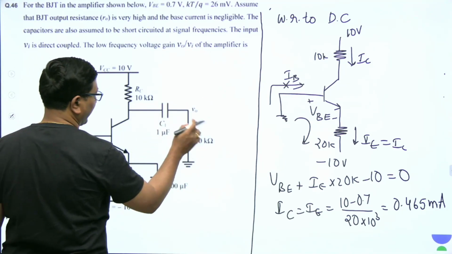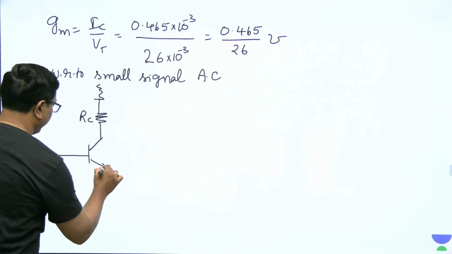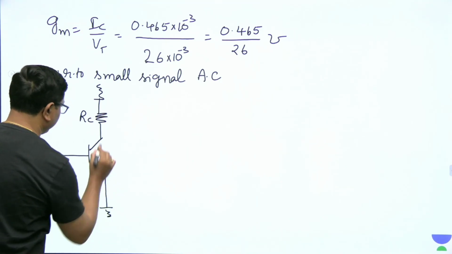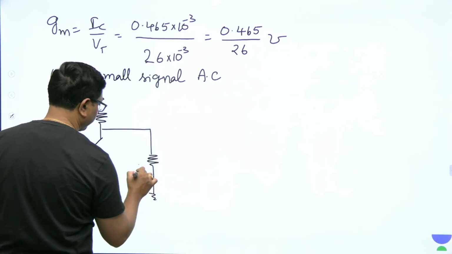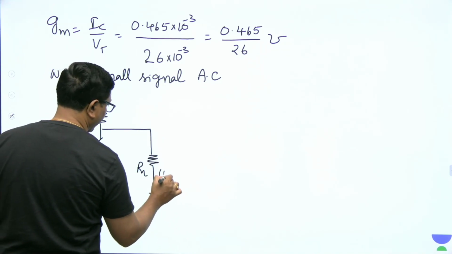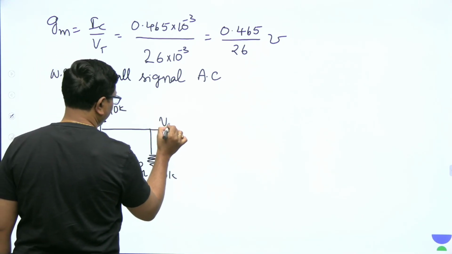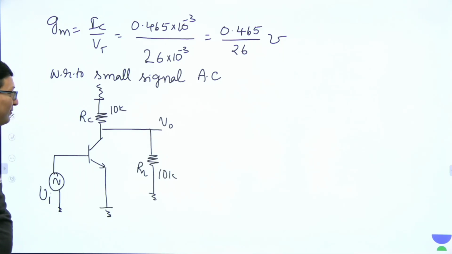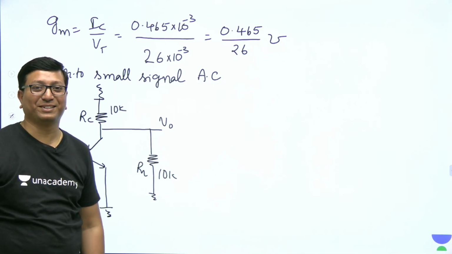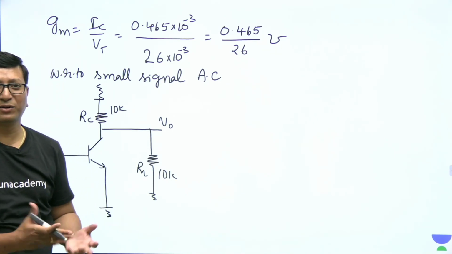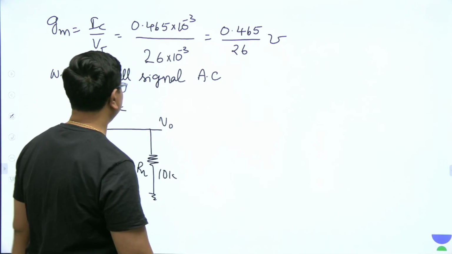Next, once this capacitor acts as a short circuit, RL appears. From this point I can write RL, it is 10 kilo ohm, and RC is also 10K. V output. You can imagine the very basic circuit only. There is nothing special and no difficulty in it at all. Such a simple question they have given.